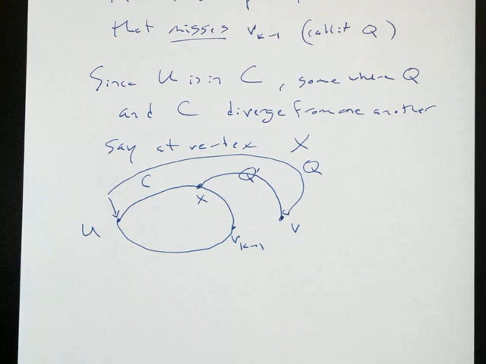So we start off on the cycle, we do this part of the cycle, and then we jump off and we take this route Q prime. So far, so good? But I just found a way to get back to U. Because what do I know about Vk minus 1 and Vk?